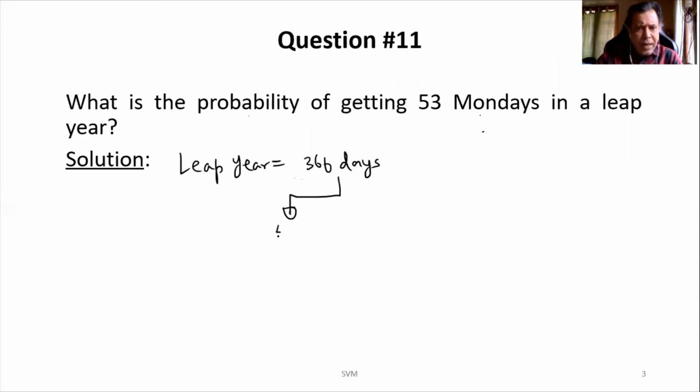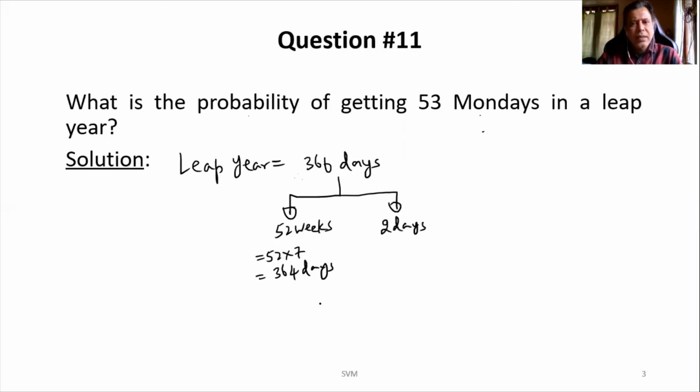This can be split as 52 weeks. 52 weeks means how many days? 52 into 7, so that works out to 364 days. This 366 days can be split as 52 weeks, which will have 364 days, and then the balance 2 days. That means the Mondays can be any of these 2 days only.